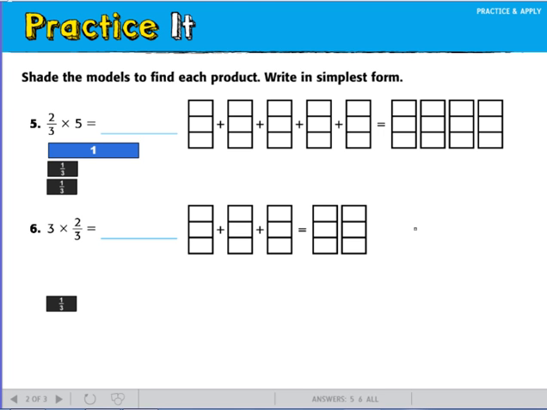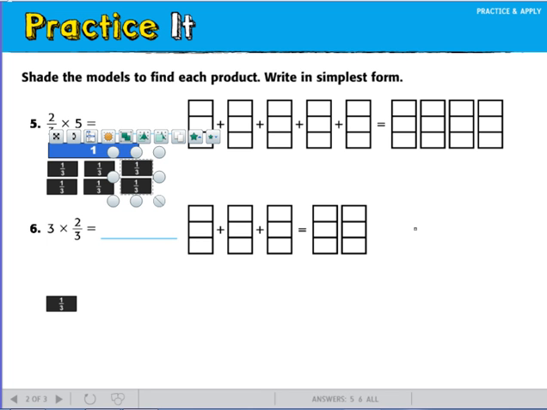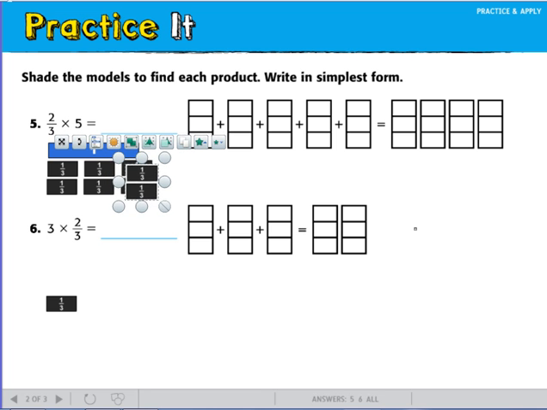Okay? So what I like to do is, so there's 2 2/3, and there's 3 2/3, and there's 8 2/3, and this is where you guys are going to run into your problem.